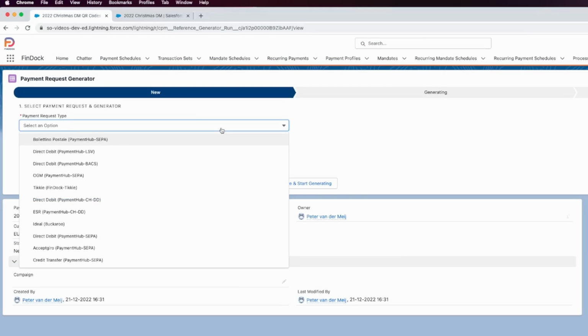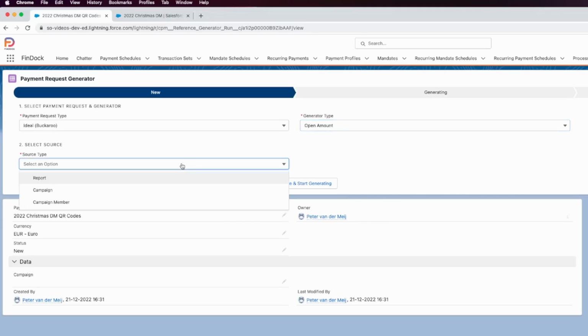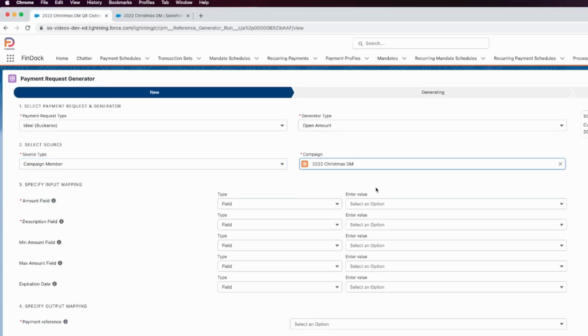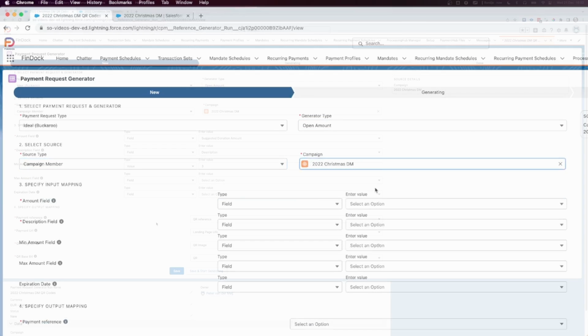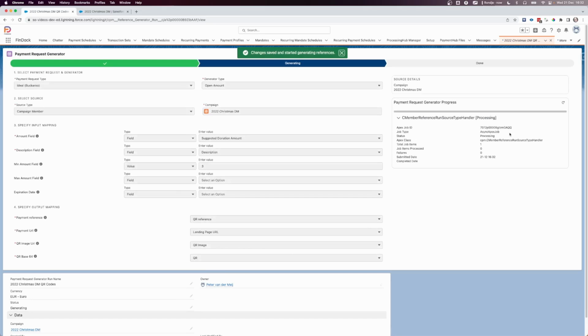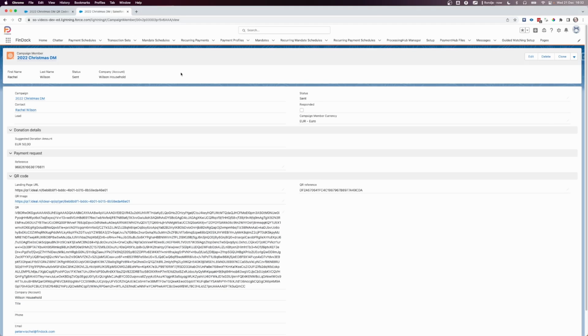FinDock makes this easy to do by managing the payment reference generation from Salesforce through our payment request generator, allowing customers to stamp records directly at the point of origin with valid payment references for a variety of payment schemes and even QR codes for QR-based payment methods. All stored in an export-friendly way, so fulfillment agencies can be easily supplied with the relevant information.